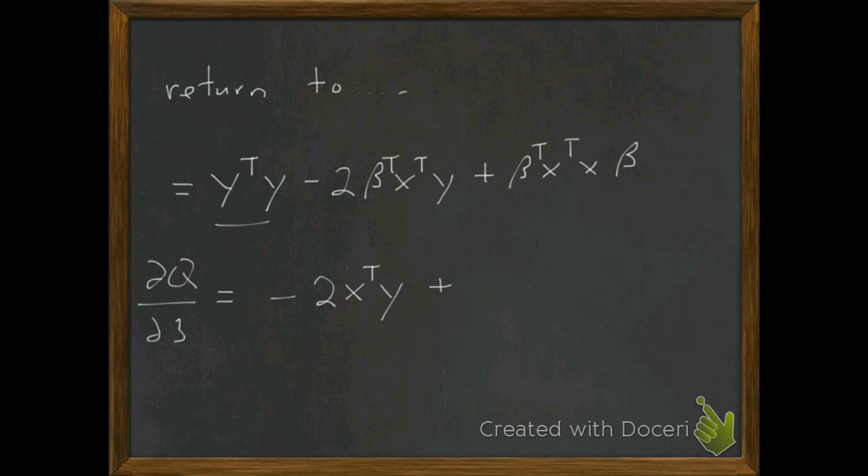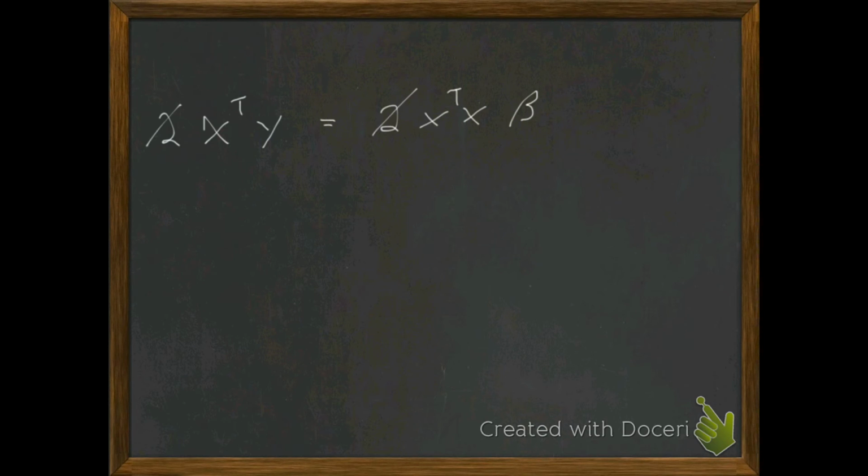And for this one, we obviously get 2 x transpose x beta. Now we want to set these equal to 0. So we're going to have 2x transpose y equal to 2x transpose x beta.